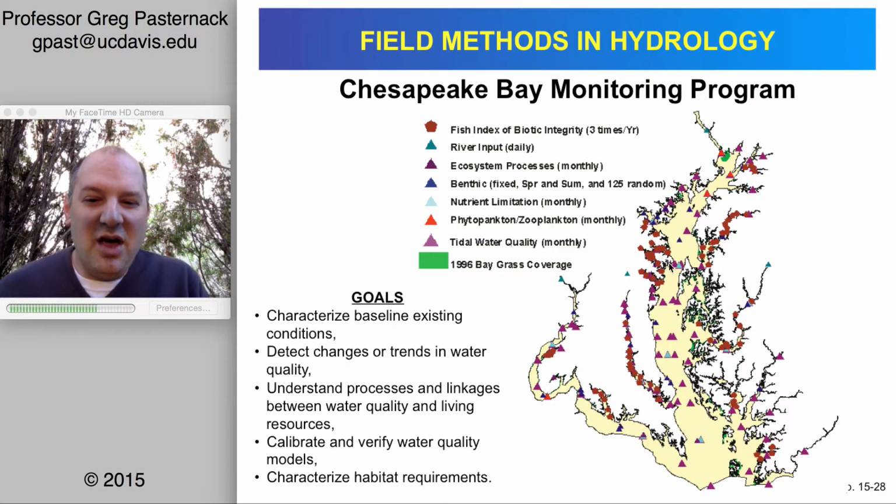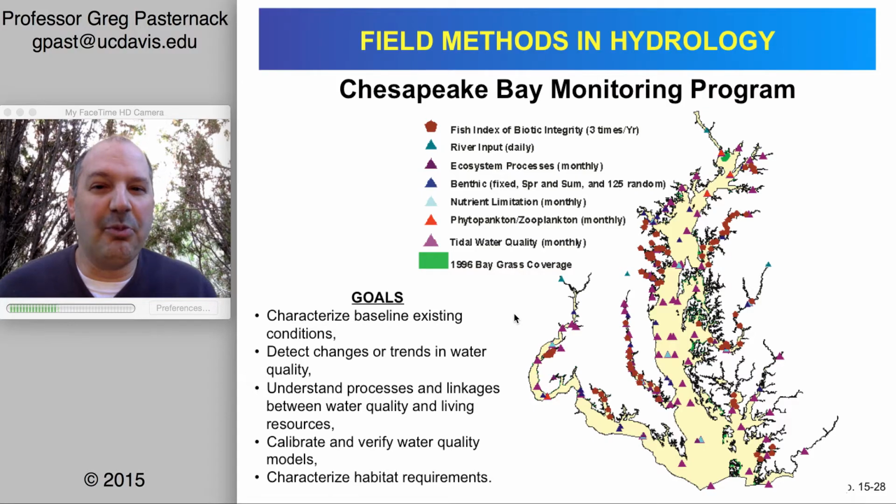Why are they doing all this? Well, they want to preserve and improve conditions in the bay. To do that, their goal is to characterize the baseline condition and see if there are changes in water quality through time and space.